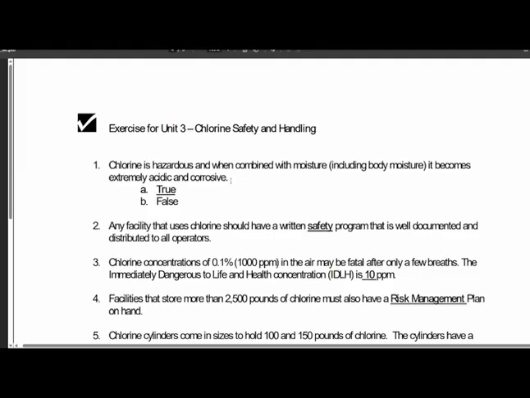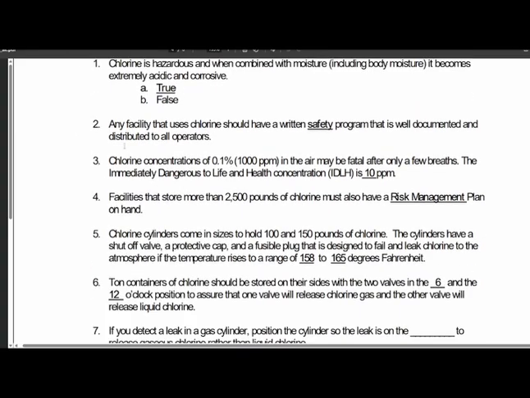Any facility that uses chlorine should have a written safety program that is well documented and distributed to all operators. A chlorine concentration of 0.1% or 1,000 parts per million in the air may be fatal after only a few breaths.